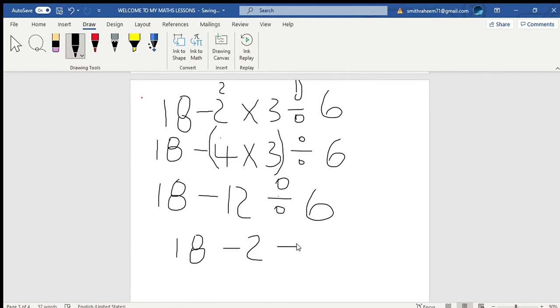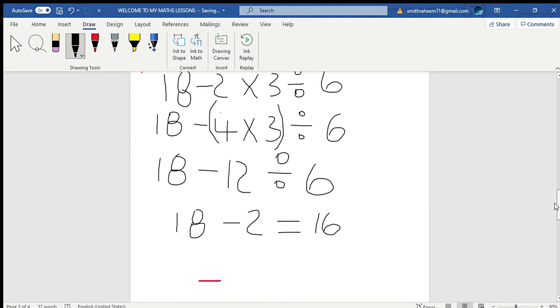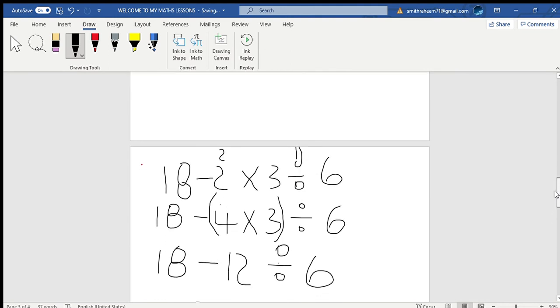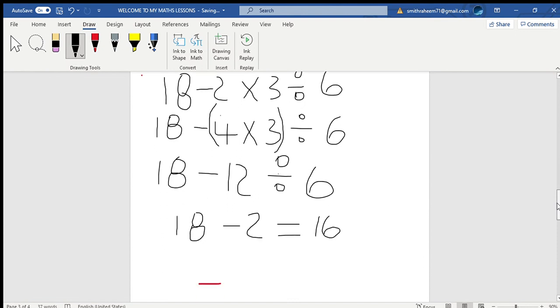Alright, so 2 subtracted from 18 is 16. Okay, I hope you all got this problem right.